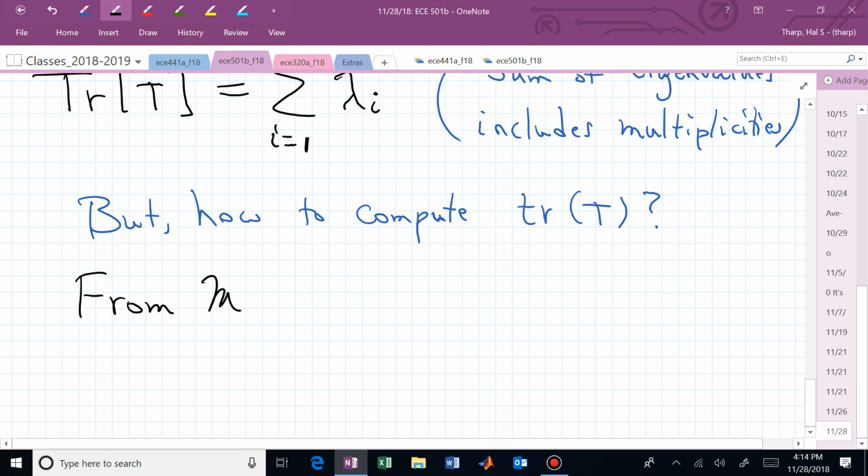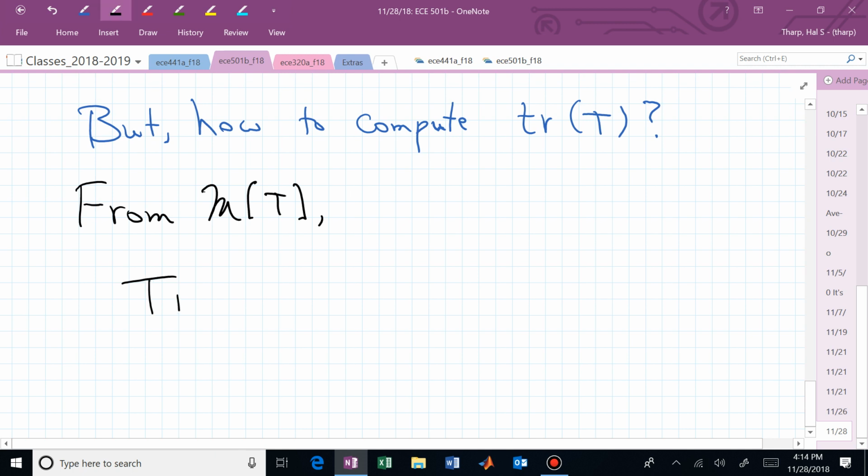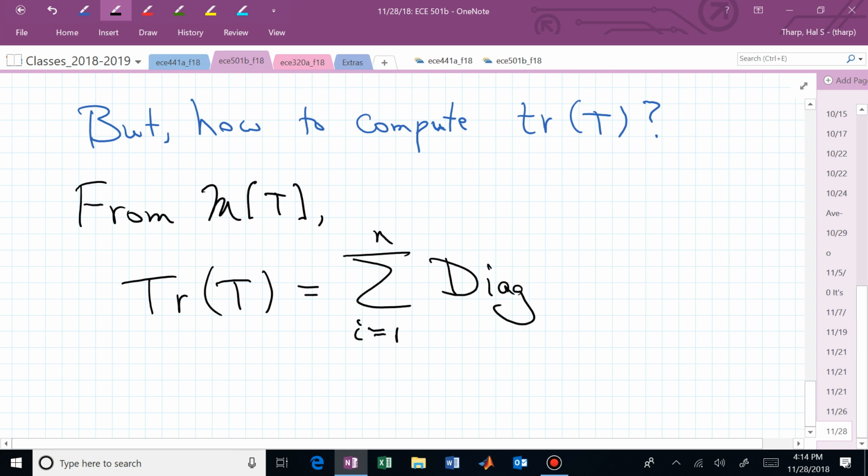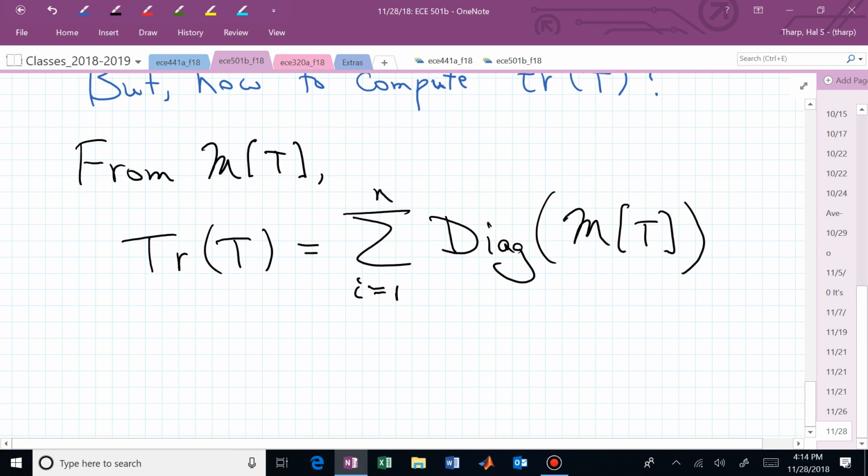If we have the matrix representation of that linear operator T, then in fact the trace of T is equal to the sum from i equal 1 to n of the diagonal terms in the matrix representation of T. And so the trace is quite easy to find.